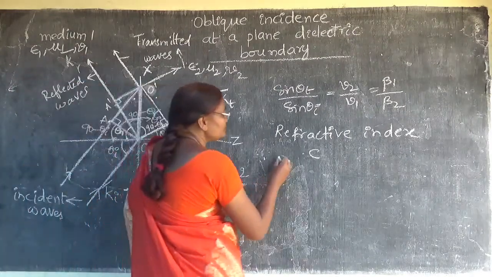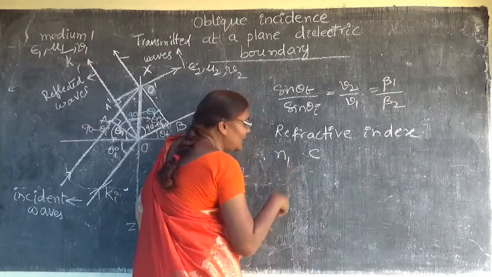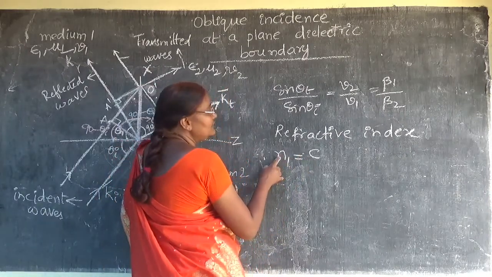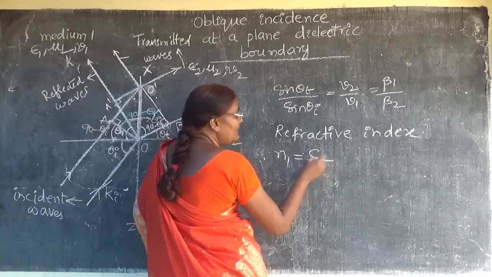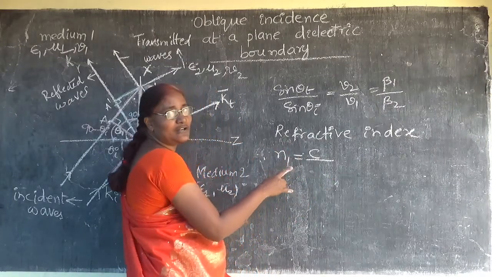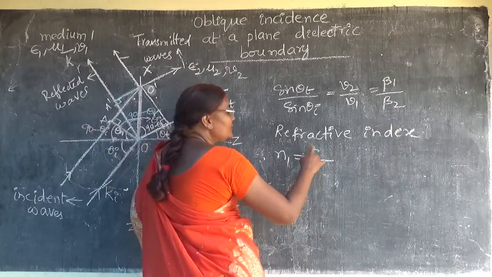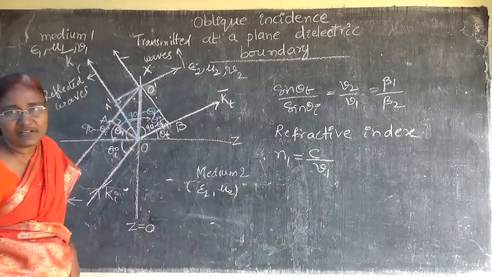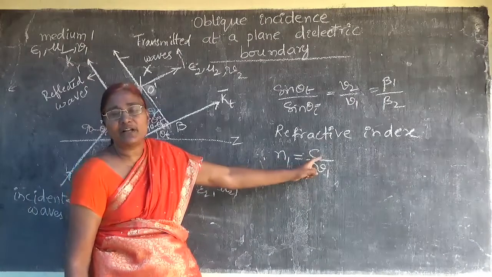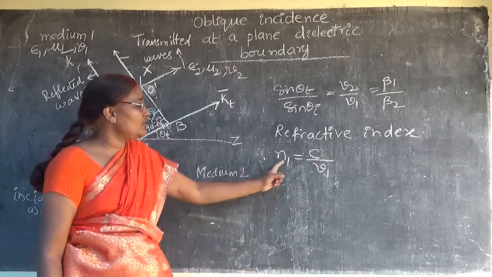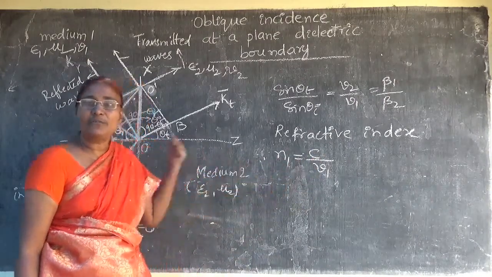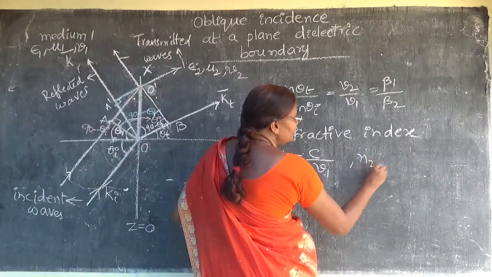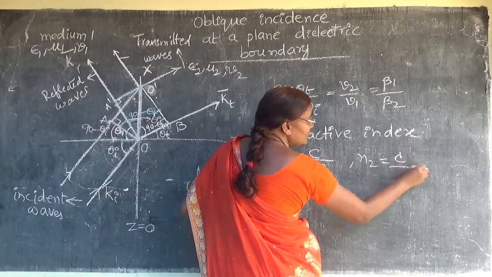So it is denoted by small n. So what is small n1? Small n1 is the comparison of the wave velocities with free space to the medium. Ante medium lo daani velocity v1 aithe free space lo daani velocity c. So n1 is the refractive index of medium 1. So what is n2? n2 is the refractive index of medium 2.